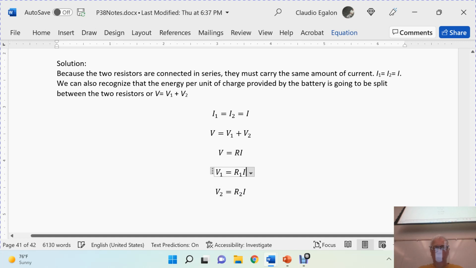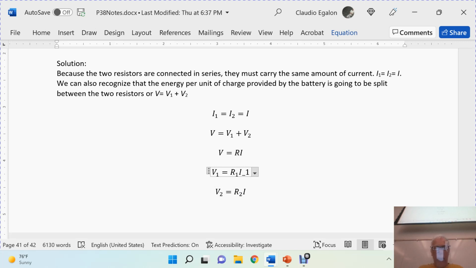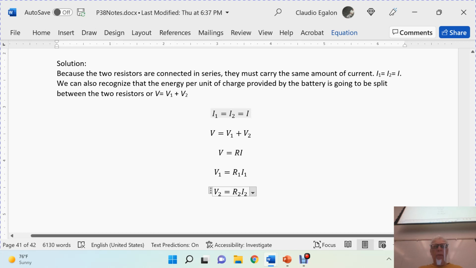Strictly speaking, it was supposed to be R1I1 and R2I2, but in view of this relation, we can rewrite that as R1I and R2I.